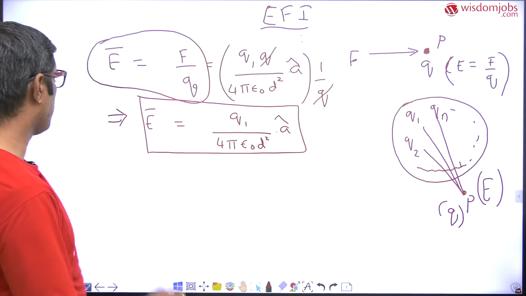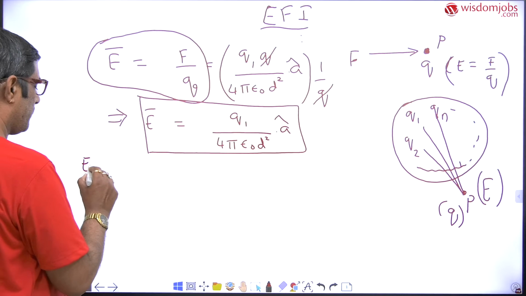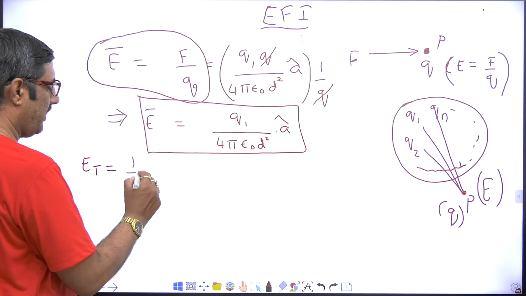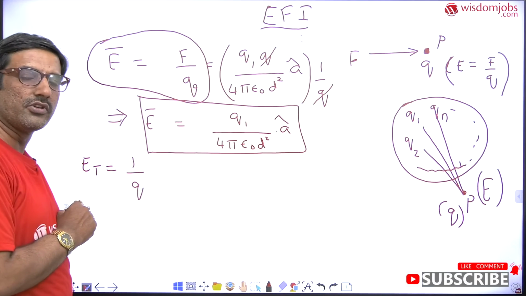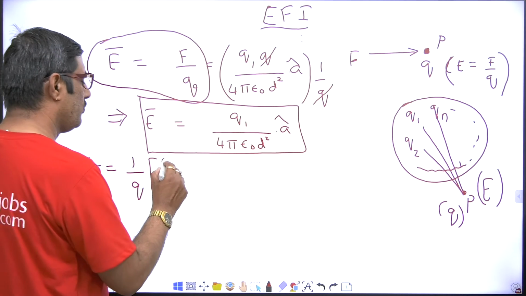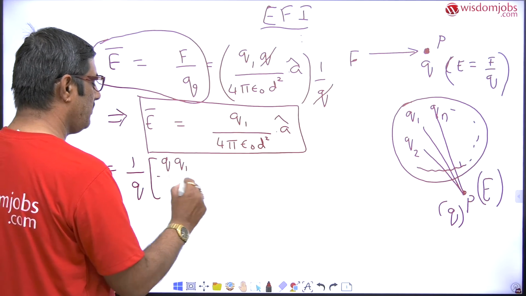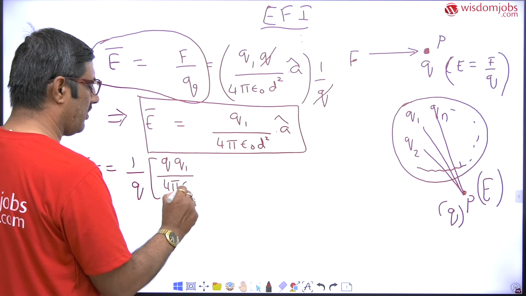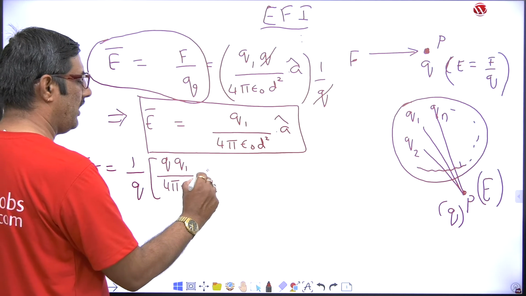So, what is the electric field intensity now? The total electric field intensity is 1 by the test charge at P into the total force. What is the total force? We have Q into Q1 upon 4 pi epsilon naught d1 square into a1 cap.